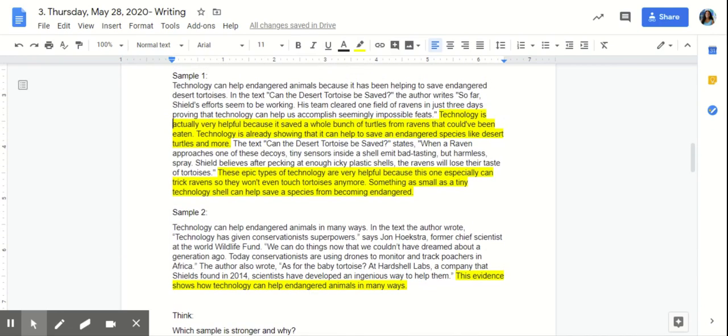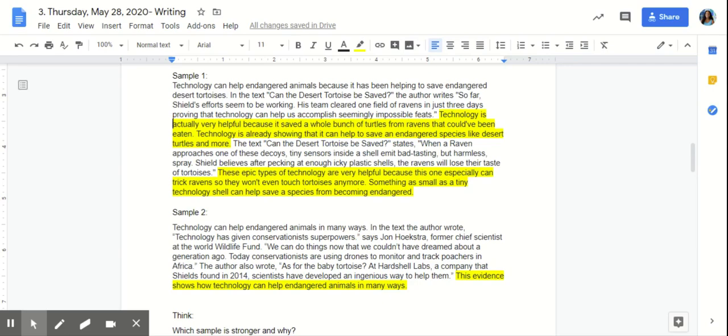Sample number 2. Technology can help endangered animals in many ways. In the text, the author wrote, technology has given conservationists superpowers, says John Hoekstra, former chief scientist at the World Wildlife Fund. We can do things now that we couldn't have dreamed about a generation ago.